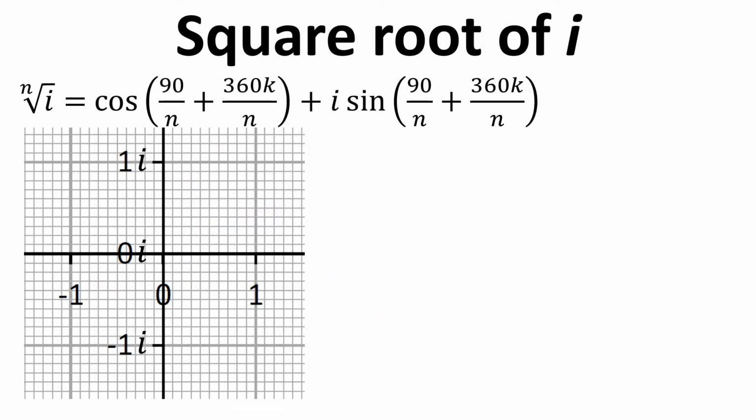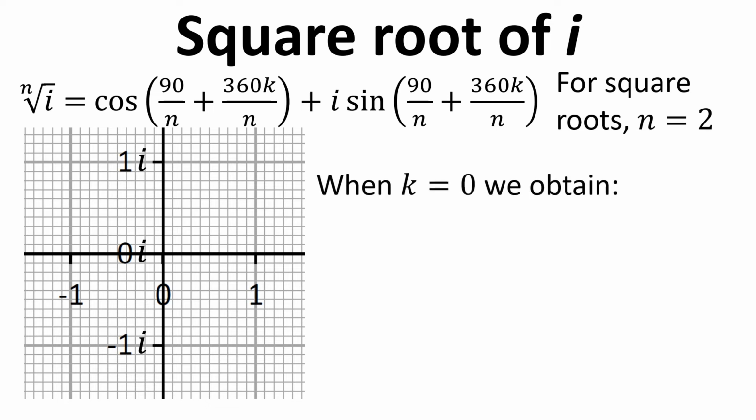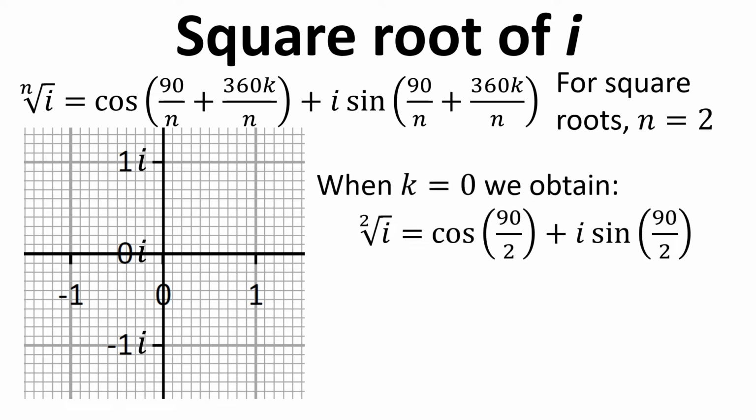Okay, so let's think about the square root of i. This is where n equals 2. When k equals 0, we obtain cos(90/2) + i sin(90/2). So we get a vector here, this red line representing our complex number, and the angle is 45 degrees from the real axis.